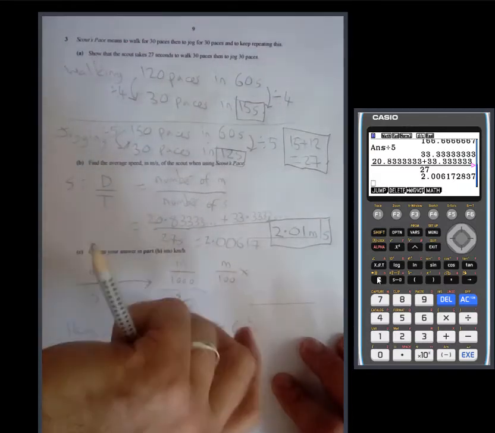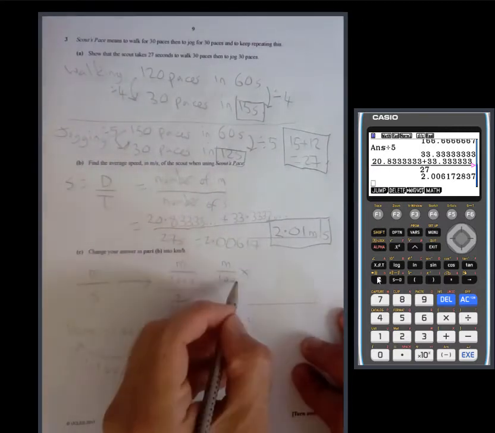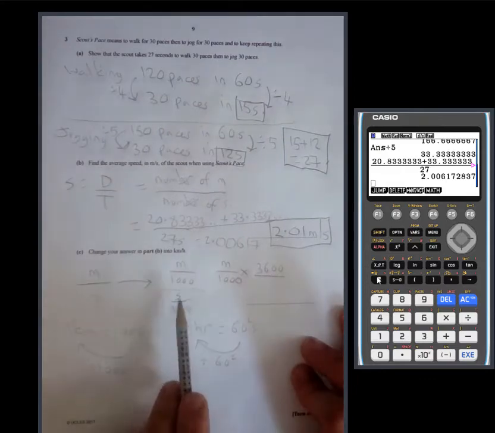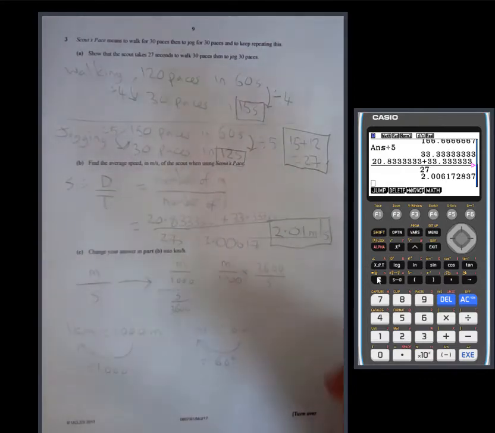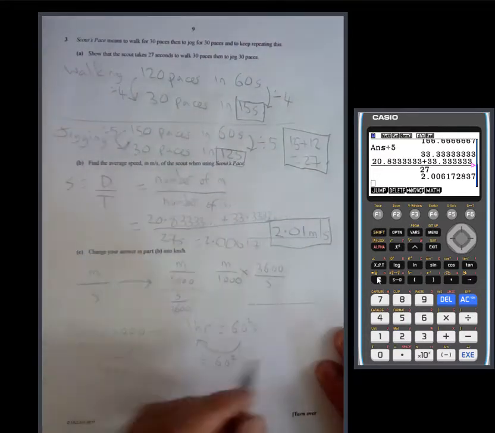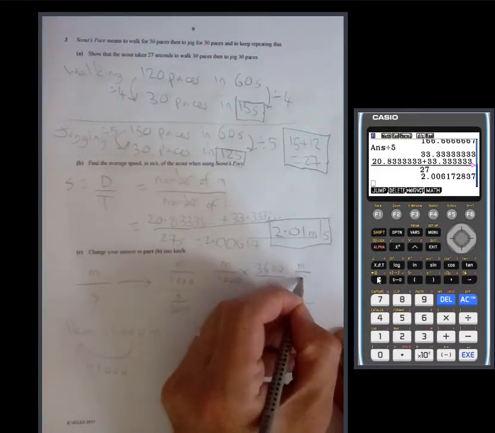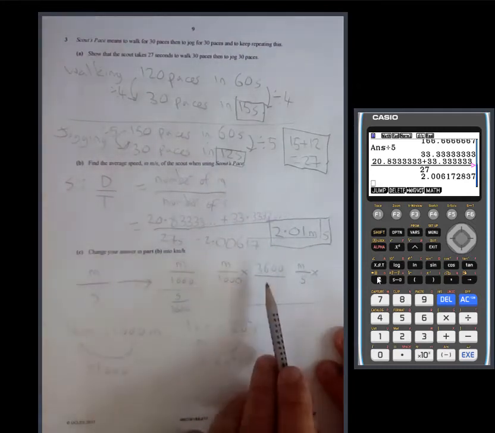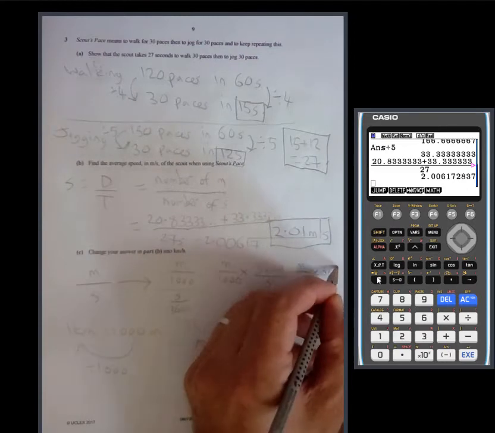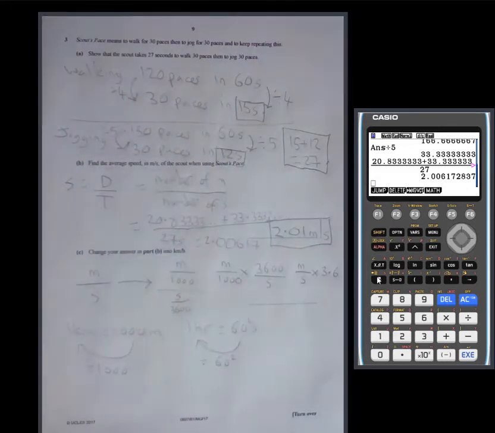So you multiply by 3600 over S. If you just rearrange that, you end up with meters per second, which is the original speed, times 3600 over 1,000, which you could think of as 3.6. So actually this will always work. If you want to turn any speed from meters per second to kilometers an hour, if you times it by 3.6, that will do it.